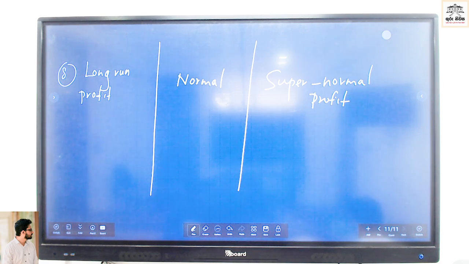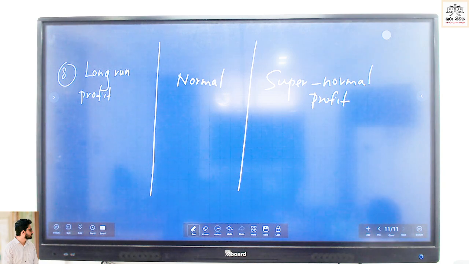Done or need more time? Okay, right. These are the differences between perfectly competitive and monopoly markets. So remember, when you make a table showing the differences between any market structures, start from the four main characteristics.